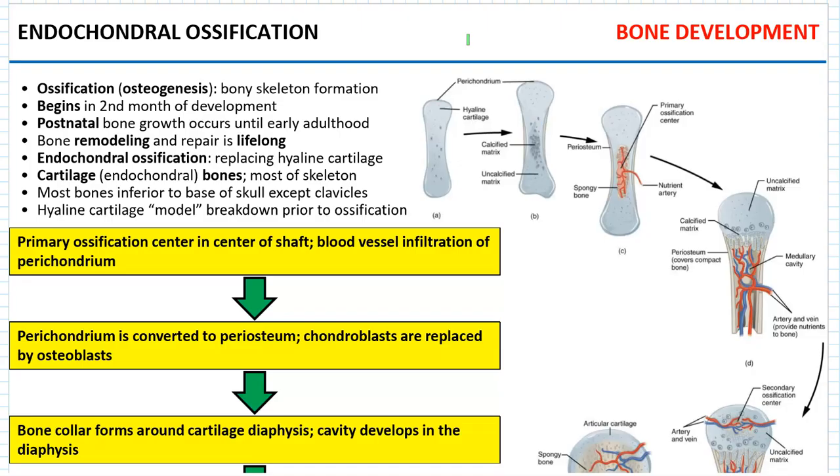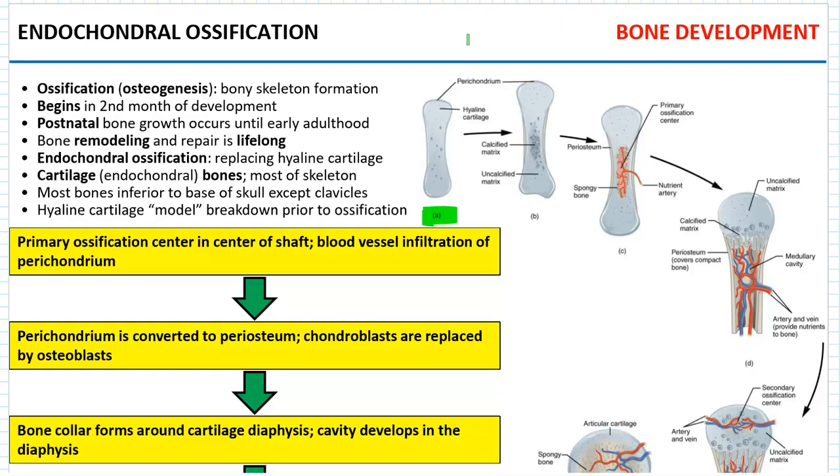Turns out, when the human fetus develops, the skeleton initially is not made out of bone. It is made out of hyaline cartilage. So here you see step A, hyaline cartilage that has the shape of a future bone.